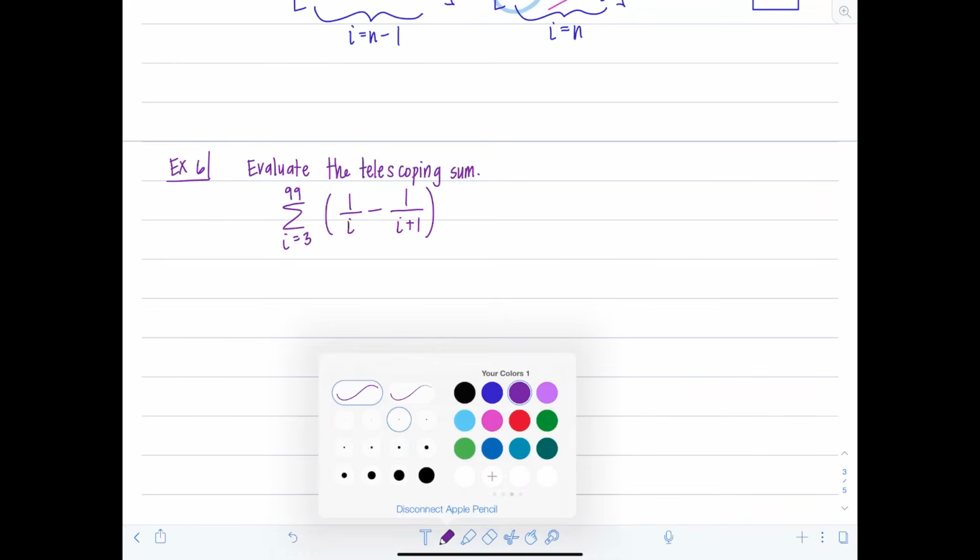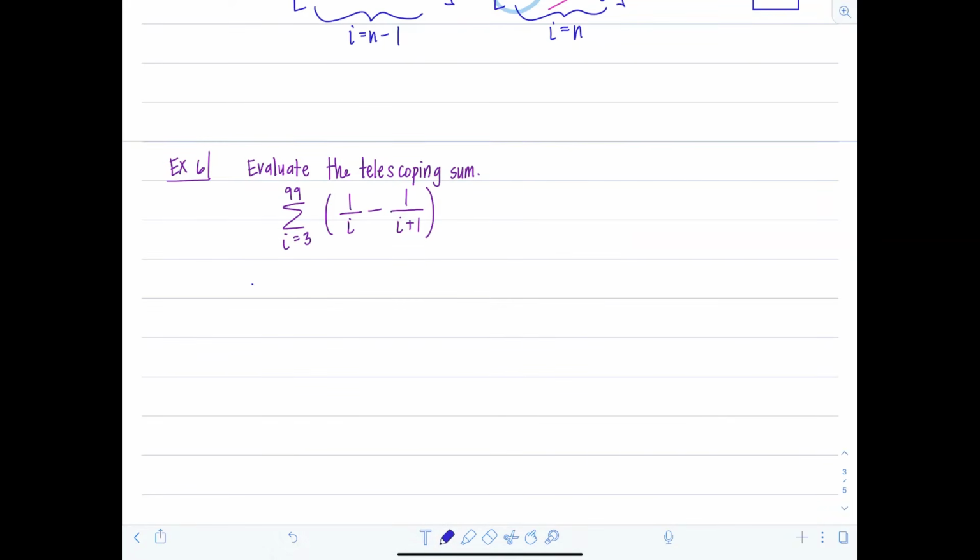So let's start off by listing the first few terms. I'm starting at 3 this time though. So I'm going to have 1/3 minus 1/4, plus 1/4 minus 1/5, plus 1/5 minus 1/6, dot dot dot.